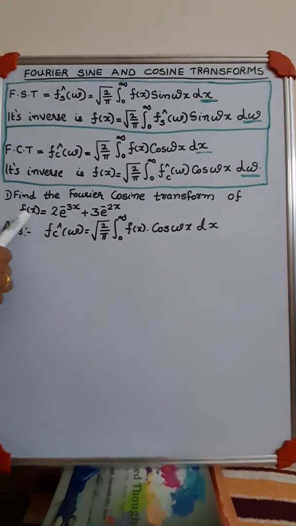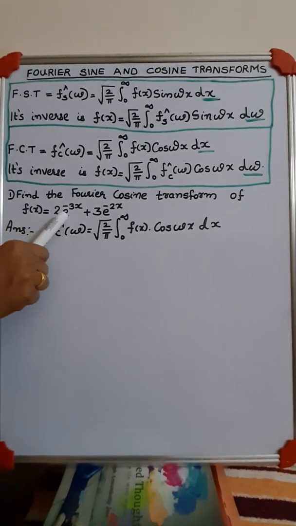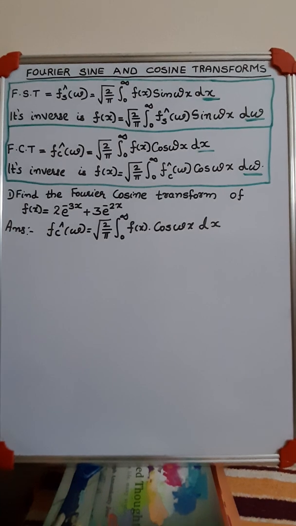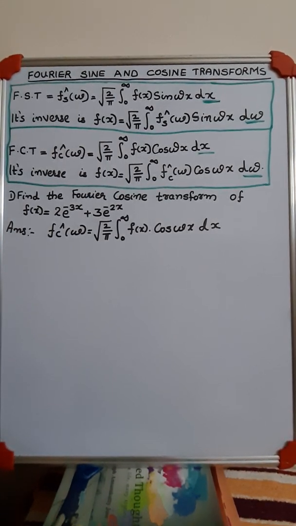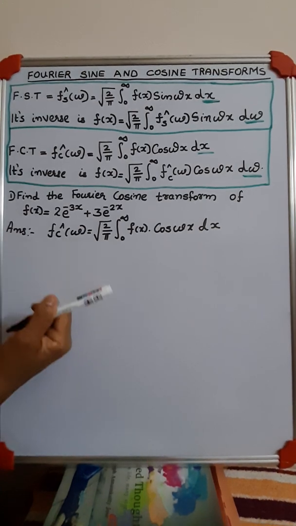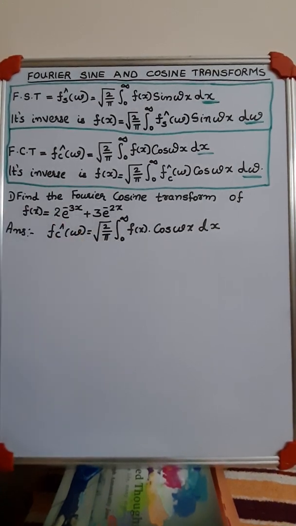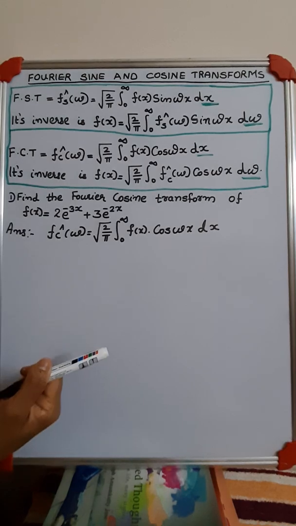Now we are given f of x. f of x is 2 into e raised to minus 3x plus 3 into e raised to minus 2x. But the limit of x is not given. That means we have to choose the limit as integral 0 to infinity, since it is not given.